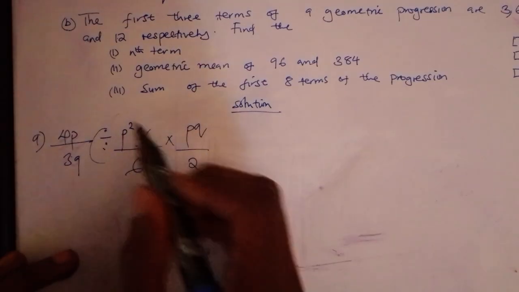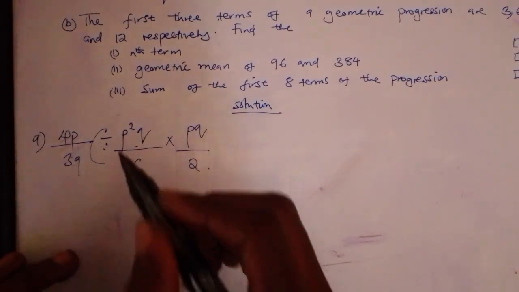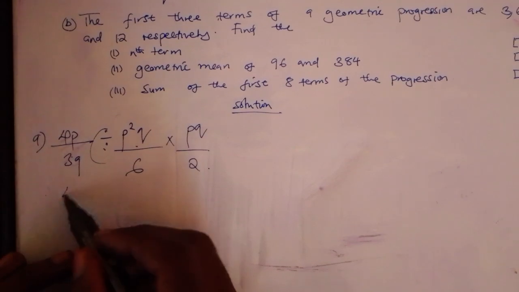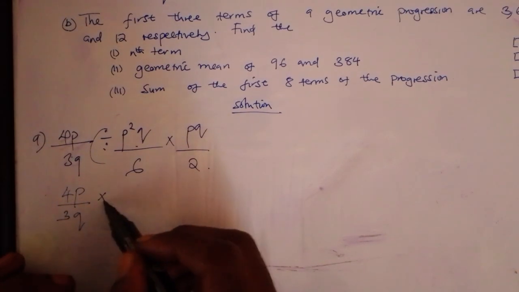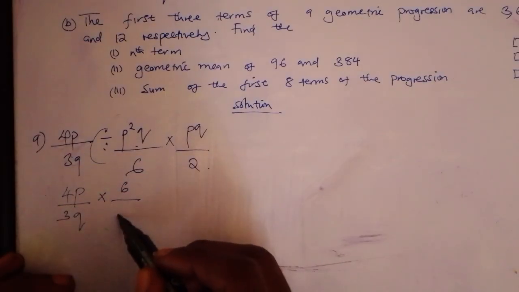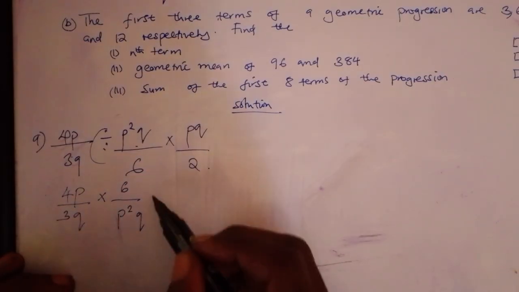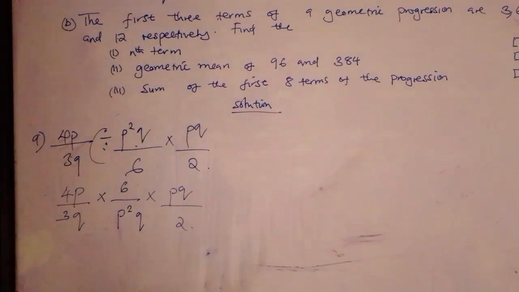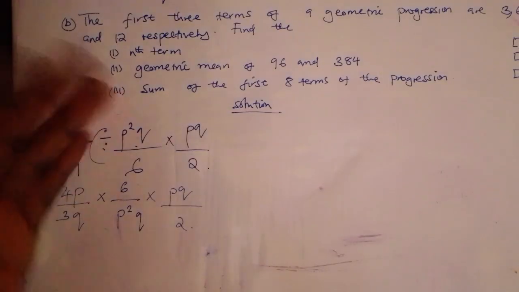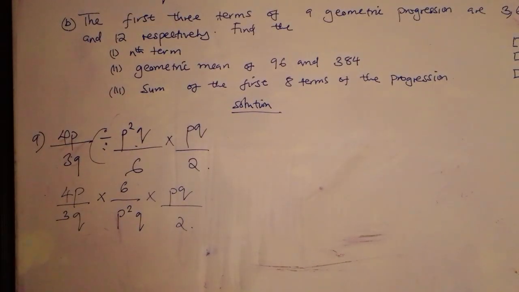So we are going to flip this one so that it looks like this. Once you do it like this, you have successfully changed the division sign into a multiplication sign. Simple as that. So step 1 is done.